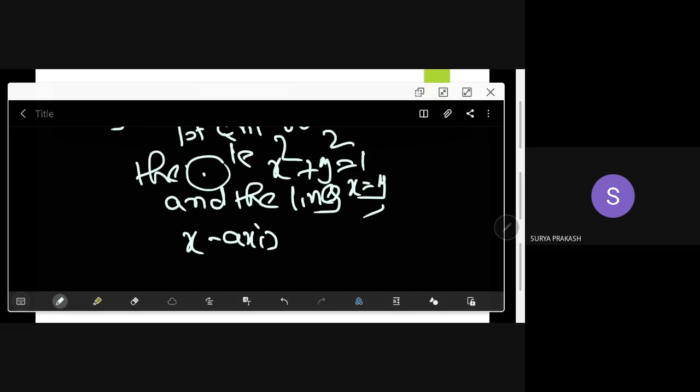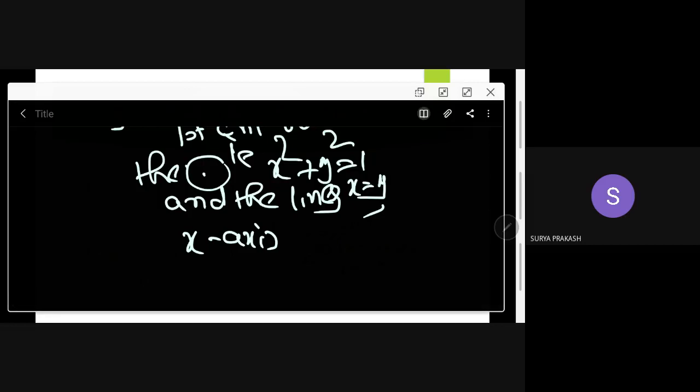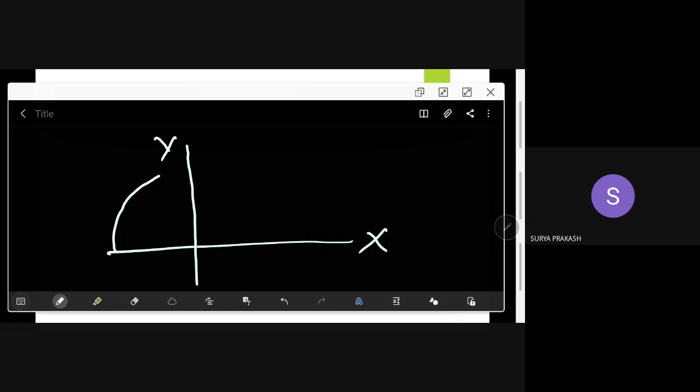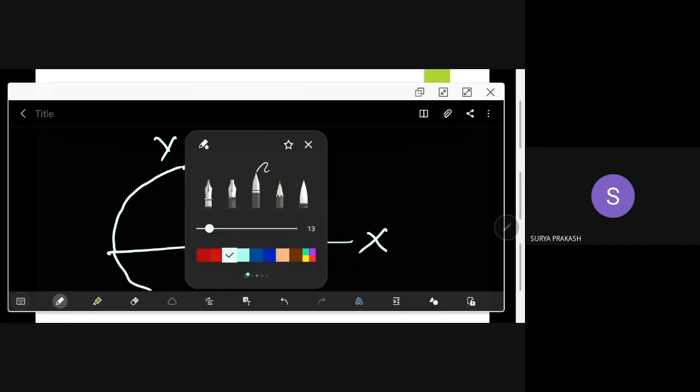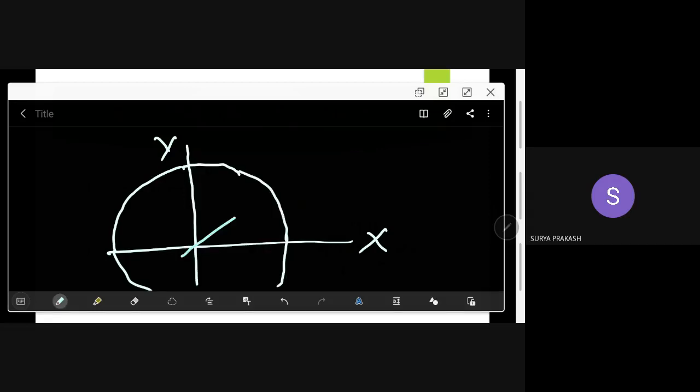See here, we'll draw the picture, then you can see. You have x-axis here, y-axis here. x squared plus y squared is equal to 1, so the circle is like this. We are in the first quadrant. Then we need to take one more curve he has given, y is equal to x.